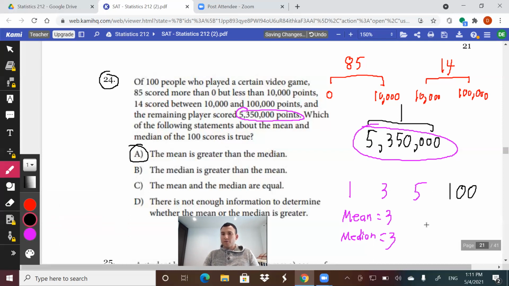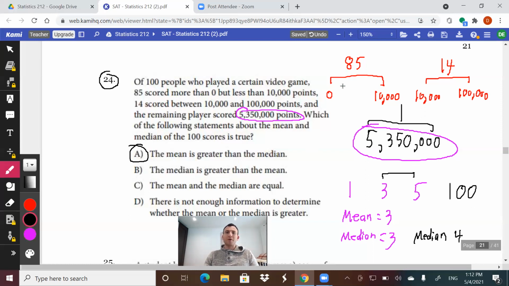Well, our new median is going to be 4. It's going to be halfway between 3 and 5. So our median is still fairly representative of where most of the numbers are, but our average is going to be skewed way up, right? You're looking at 109 divided by 4. So you're going to get about 27 or so, a little over 27. So the mean is greater than the median.